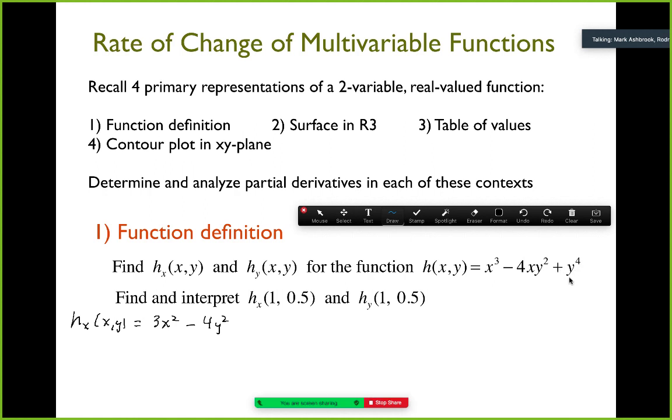So the rate of change is 0. Then it says find that value at (1, 0.5), or (1, 1/2). So we have 3 times 1 squared minus 4 times (1/2) squared, and I think we get 3 minus 1, which is 2.